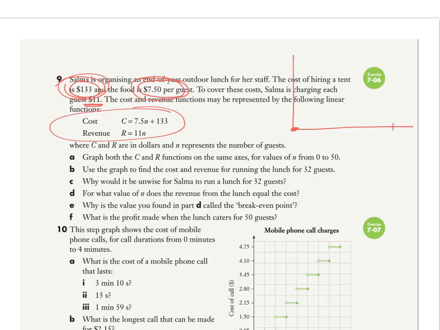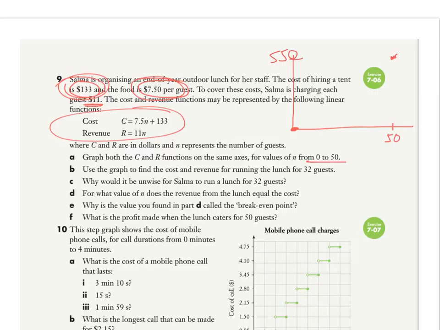If 50 people come, because it wants it 0 to 50, the revenue would be, it's going to be 550. So 550, so basically our top number is going to be 550, and it's going to be about there.